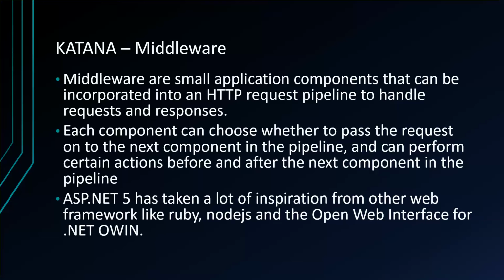Each component can choose whether to pass the request to the next component in the pipeline, and can perform certain actions before and after the next component in the pipeline. ASP.NET 5 has taken a lot of inspiration for this middleware architecture from other web frameworks like Ruby, Node.js, and even OWIN. So that means the middleware is a completely customized, composable pipeline.